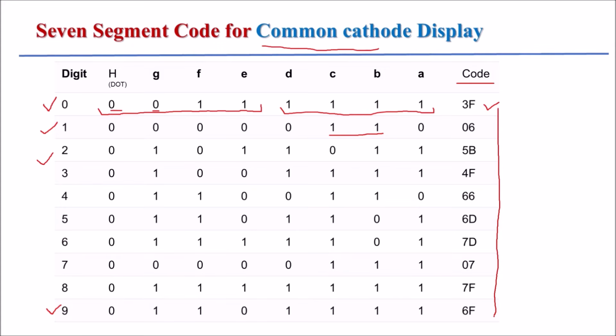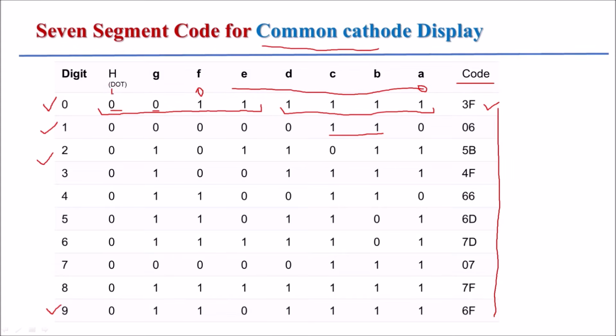This is for common cathode. In the same way, you can find the 7-segment code for common anode display also. In that case, for common anode display, instead of logic 1, we have to apply logic 0. So for all A, B, C, D, E, F, logic 0 should be applied.